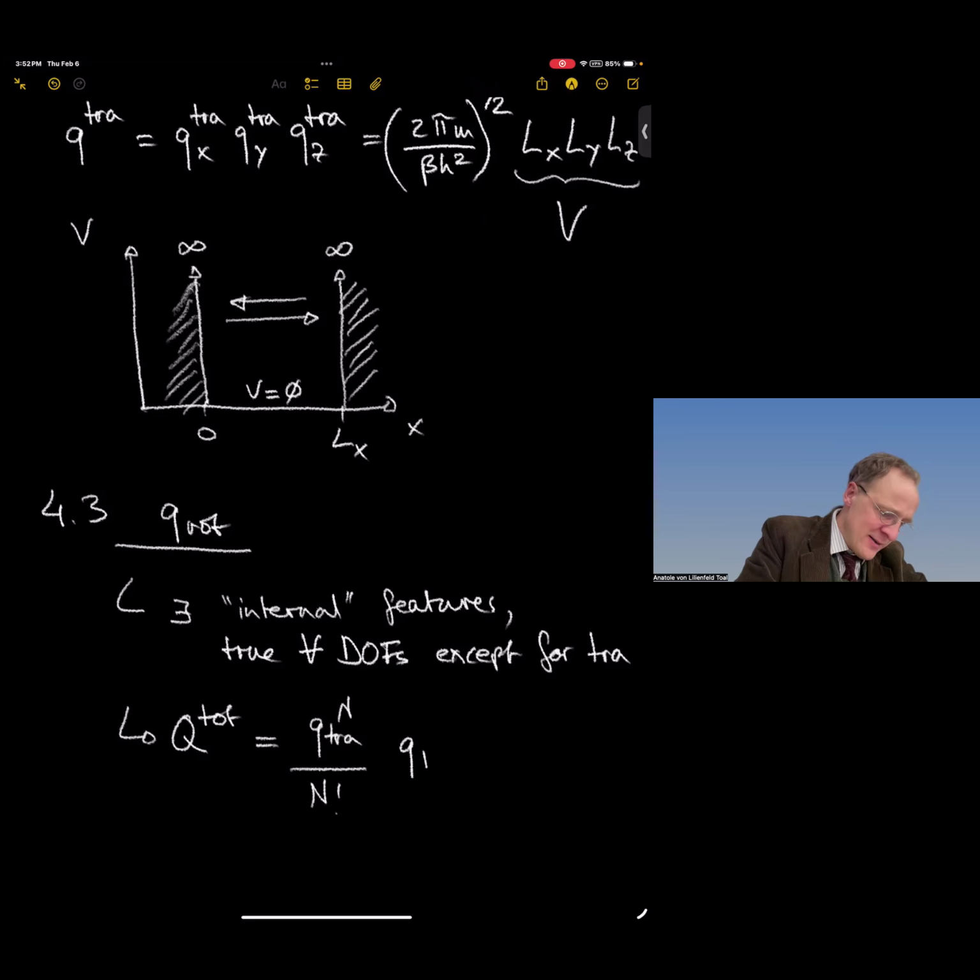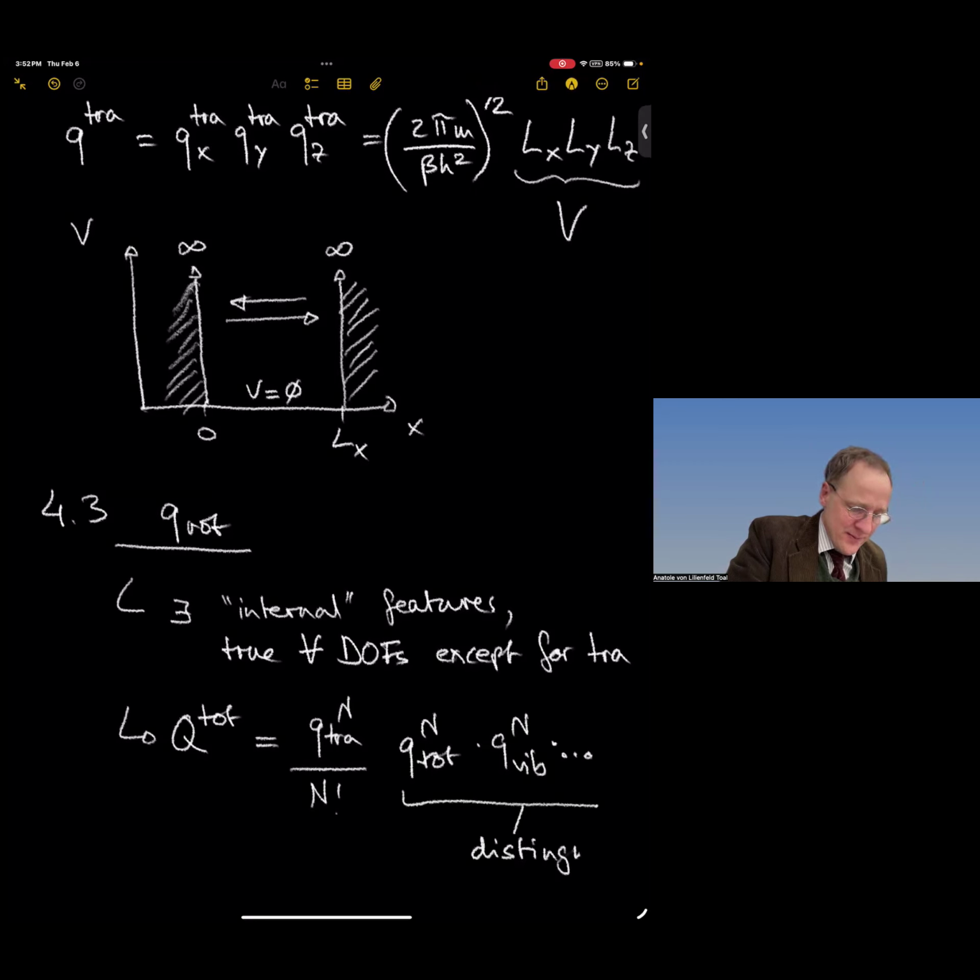So for the other degrees of freedom, we no longer need the normalization by n factorial. Okay. So these degrees of freedom are distinguishable.